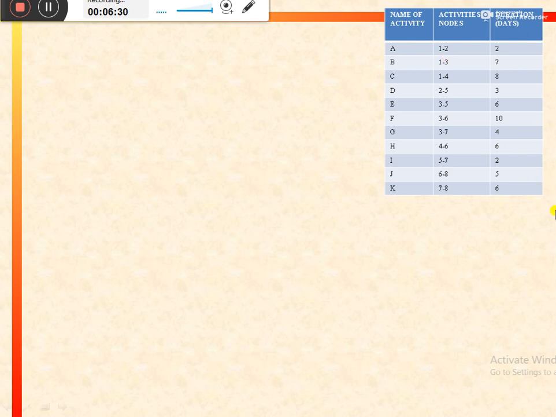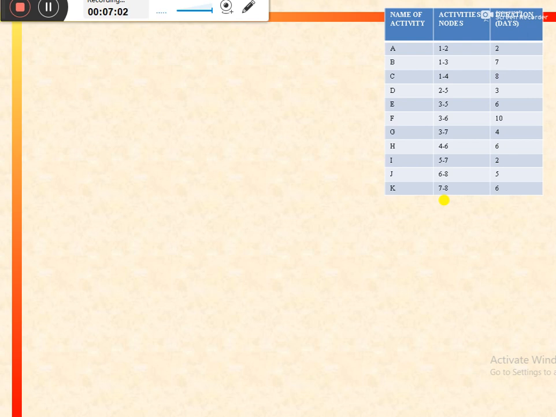In a similar manner, K is denoted by nodes 7, 8, which means 8 denotes the terminating node of the project, and activity K is the last activity, or we can say that it lies between the 7th and 8th node of the project. So these nodes are representing the initial point, which is denoted by node 1, and the terminating point, which is denoted by node 8.